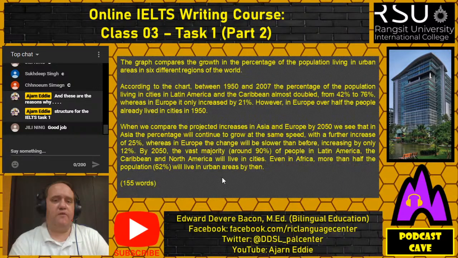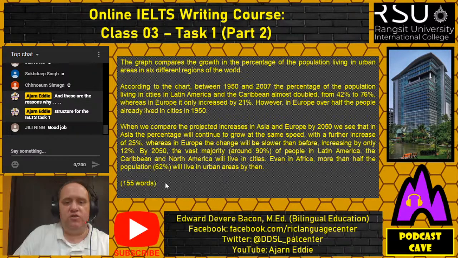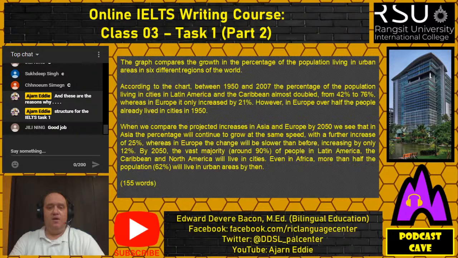When we compare the projected increases in Asia and Europe by 2050, we see that in Asia, the percentage will continue to grow at the same speed, with a further increase of 25%, whereas in Europe, the change will be slower than before, increasing by only 12%. Okay? By 2050, the vast majority of people in Latin America, the Caribbean, and North America will live in cities.